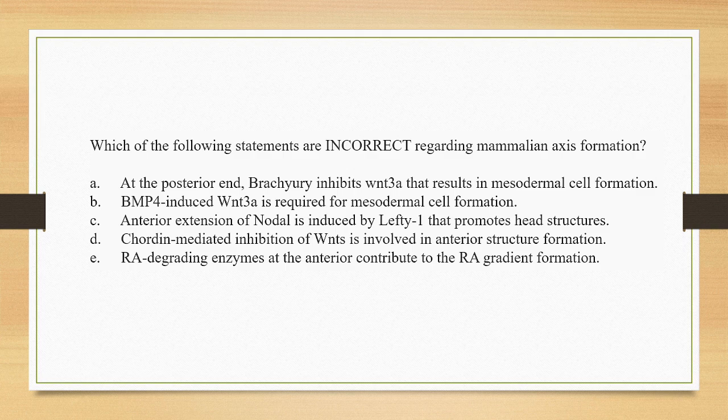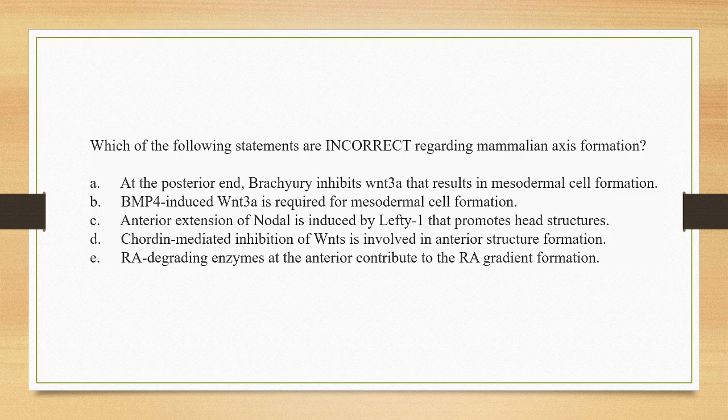Which of the following statements are incorrect regarding mammalian axis formation? A. At the posterior end, brachyury inhibits Wnt3/8 that results in mesodermal cell formation. I don't know what is the exact pronunciation, brachyury or brachyury, whatever you want to pronounce it.